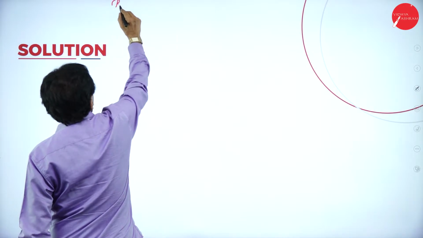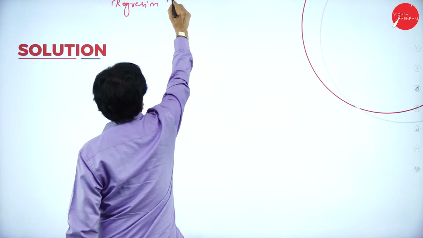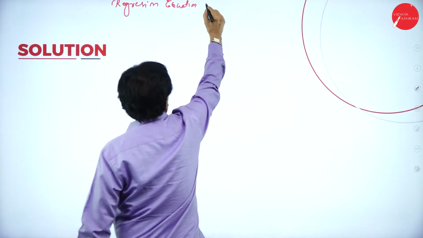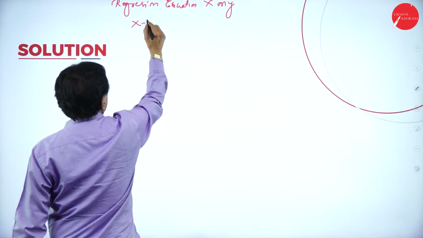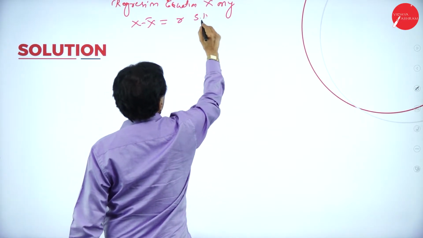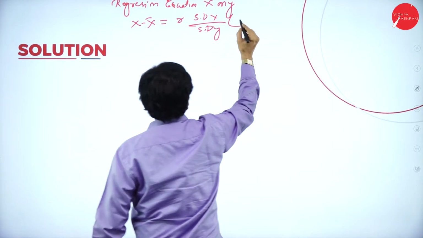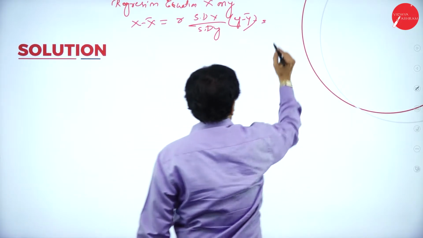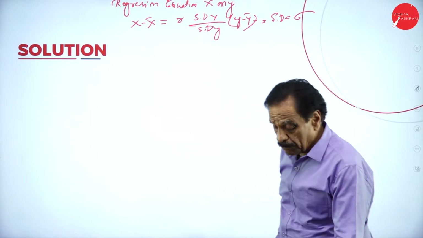Regression equation x on y. What's your formula? X minus x mean equals r into standard deviation x divided by standard deviation y into y minus y mean. We can write standard deviation with this symbol. We'll apply the numbers now.